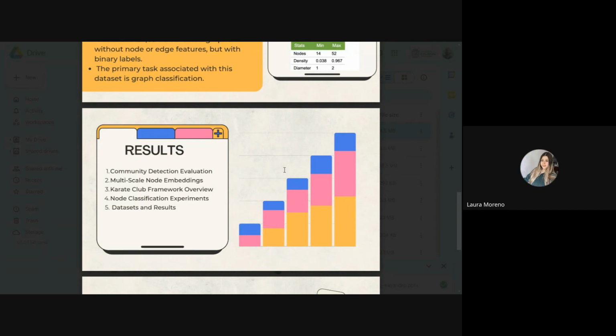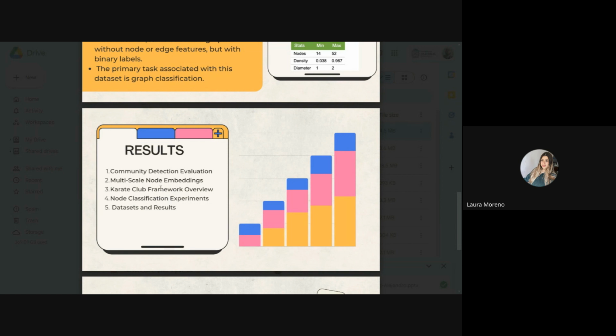About the results we encounter in the paper, one is the community detection evaluation. Their focus was on assessing community detection algorithms based on their average normalized mutual information scores across the various data sets, like non-overlapping techniques constantly outperforming overlapping models.